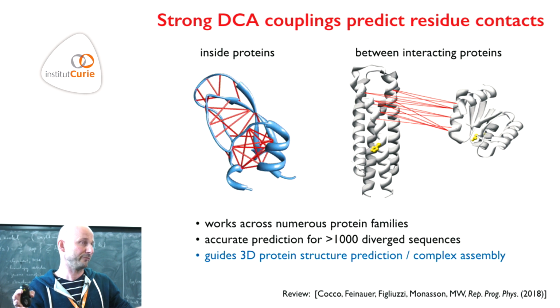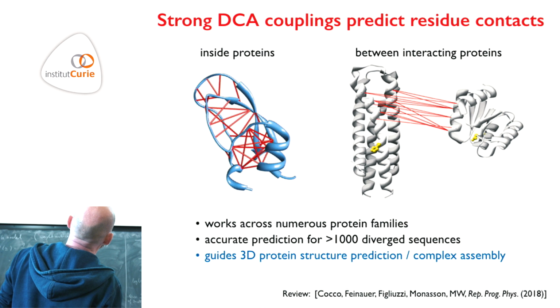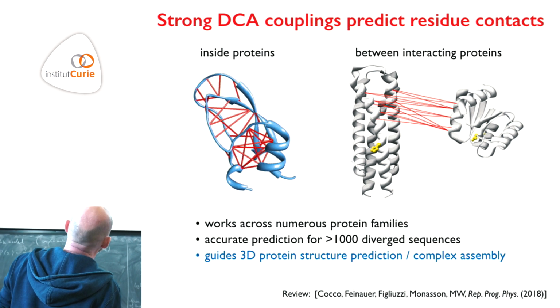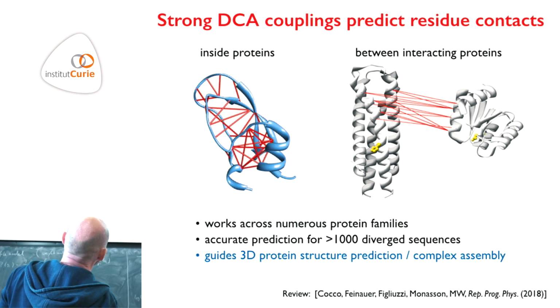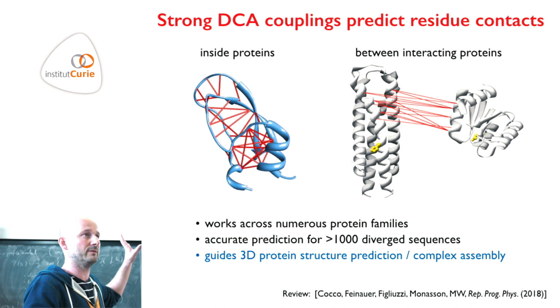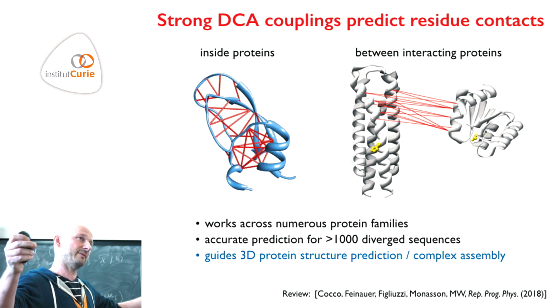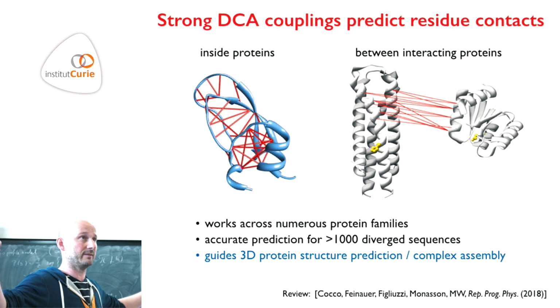But you have very distant pairs which are actually strong, and here I show you something. For instance, this is one protein, this is one extremity and this is another extremity, and all these red lines are the strongest 30 couplings in this protein. And you see you have one which is from the beginning to the end. So you have sometimes a very strong coupling which is very distant.